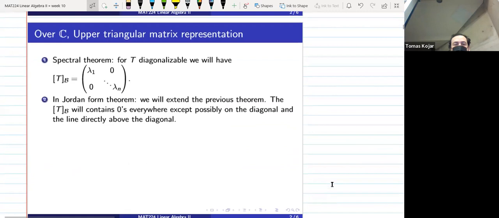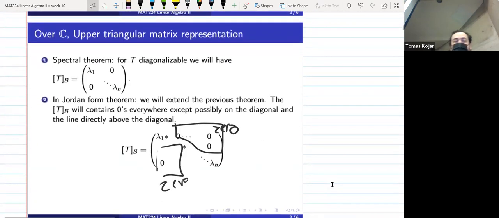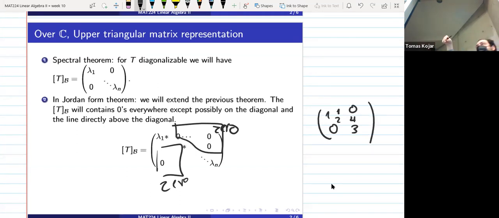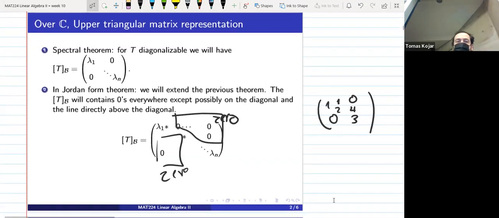The Jordan form theorem says that for any map, not only do you have upper triangular, you have almost diagonal. So it would be eigenvalues, and then above the diagonal you have stuff, everywhere else is 0. That's called a Jordan block matrix, and we will prove this for all matrices.